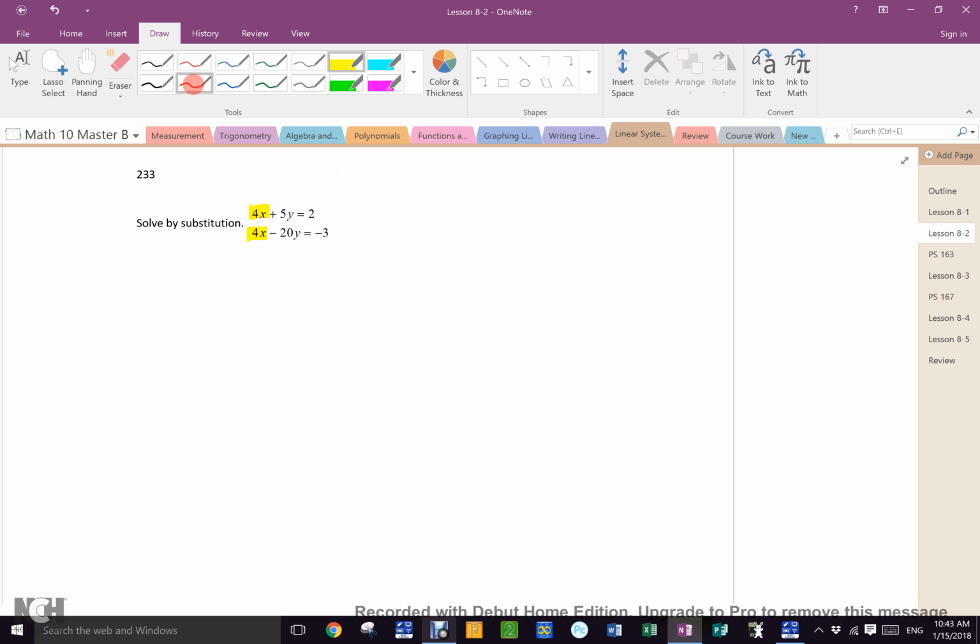So what would happen if I said, for example, 4x equaled 2 minus 5y? Is that okay? Does everybody see what I did there? So now 4x equals that. What do you see right there? 4x. So what could I write there? 2 minus 5y. Because 4x is that.